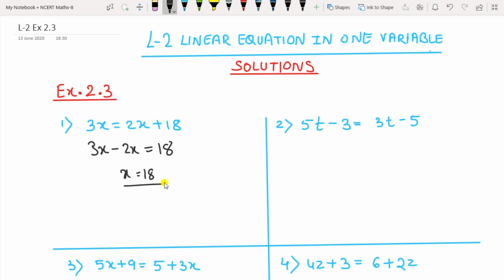Next question is 5t minus 3 equal to 3t minus 5. Okay, now here t terms are like terms, and 3 and minus 5 are the other like terms.